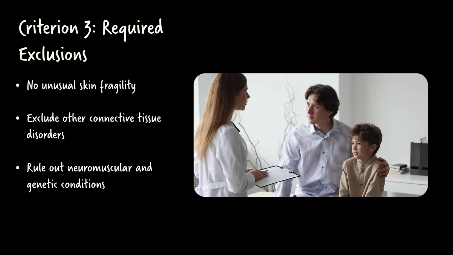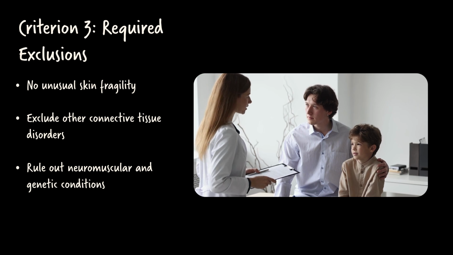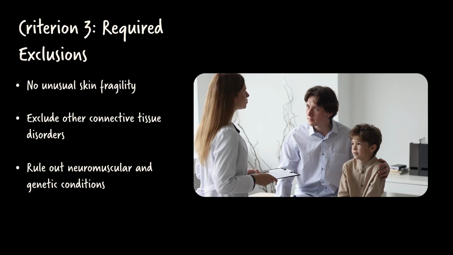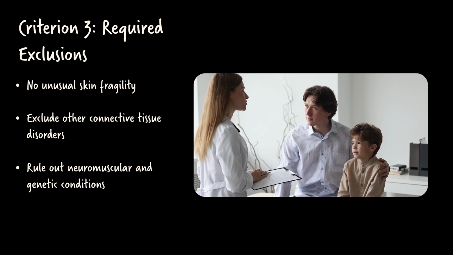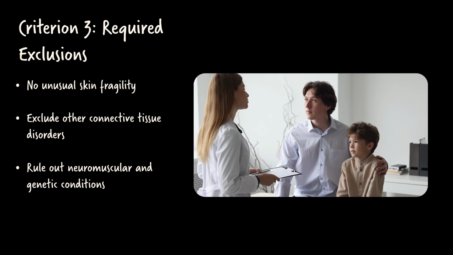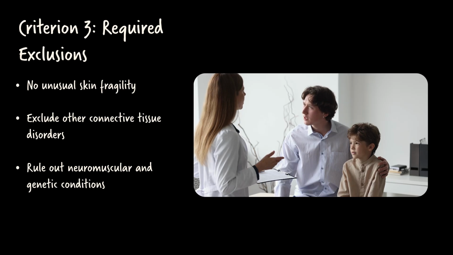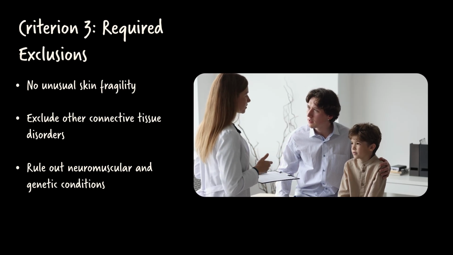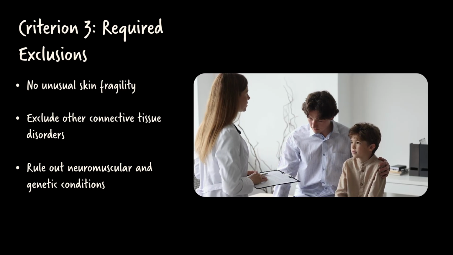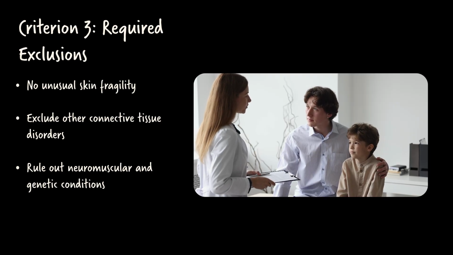Criterion 3 serves as the diagnostic safeguard. Its purpose is to ensure that a patient's findings are not better explained by another condition. This criterion requires no unusual skin fragility, which helps distinguish hypermobile Ehlers-Danlos syndrome from other EDS subtypes.